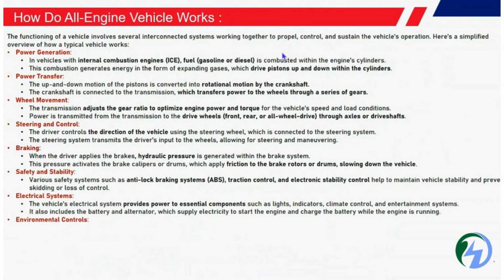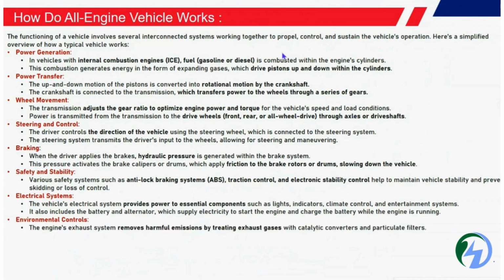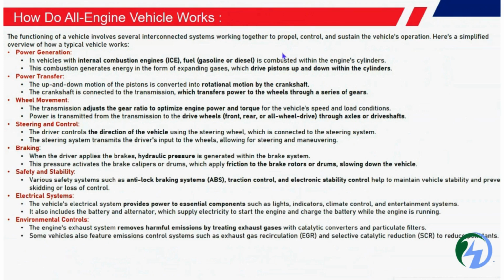It is also a part of environmental control: whatever gases are released from the vehicle, how they impact the environment. Moreover, vehicle features like emission controls, such as exhaust gas recirculation, EGR, or selective catalytic reduction, SCR, address how the vehicle pollutes the environment.